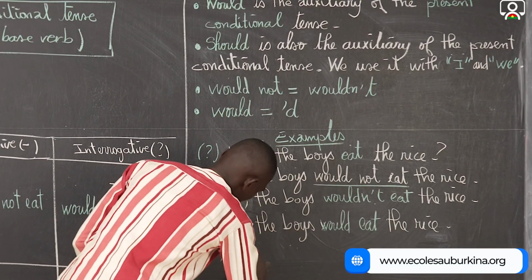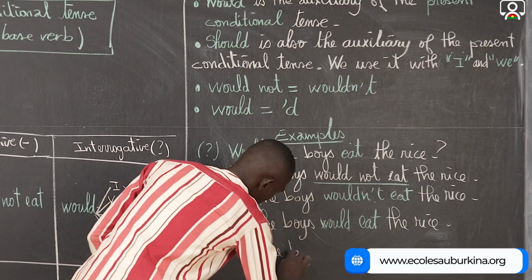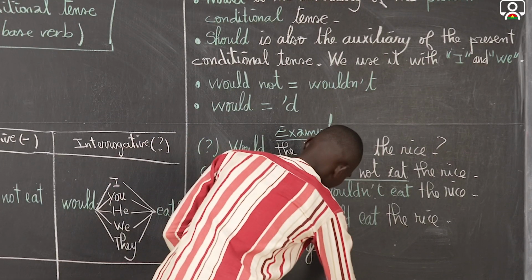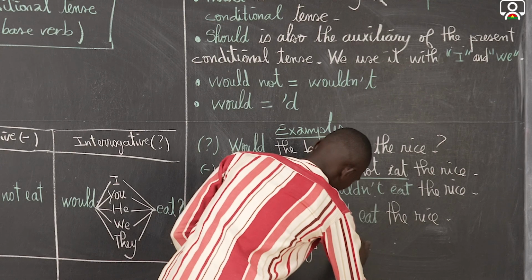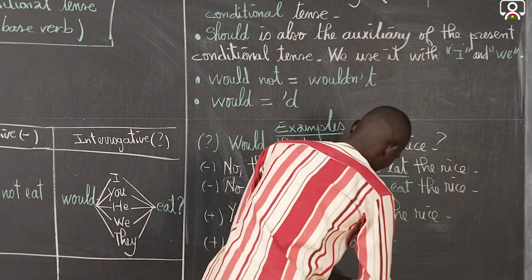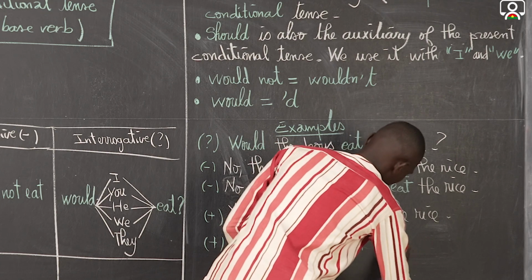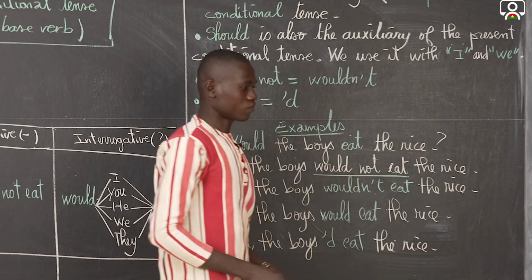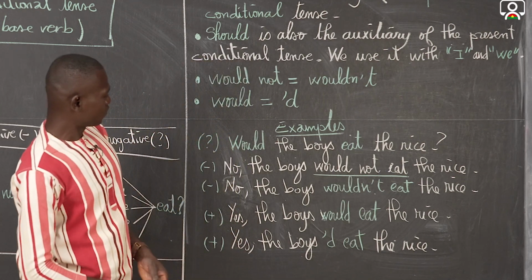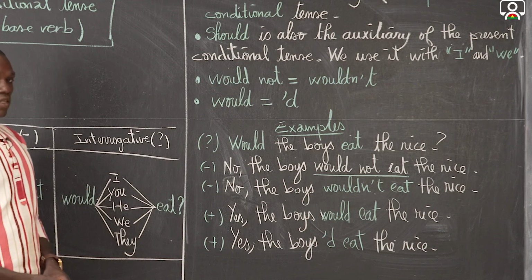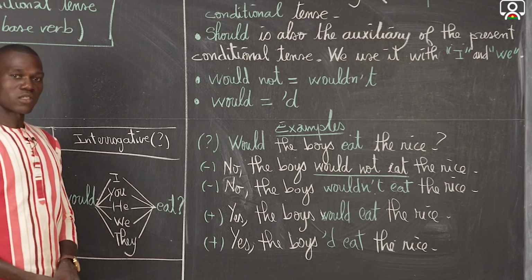Or, yes, the boys would eat the rice. Good. So these are some examples with standard and contracted forms.